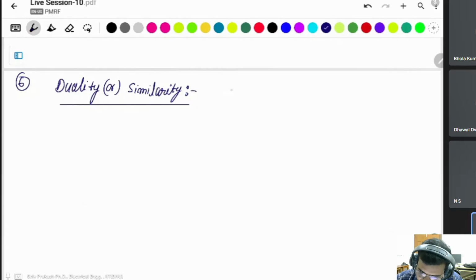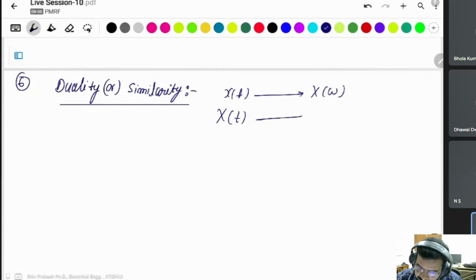This property says that if there is a time domain signal x(t) with some Fourier transform X(omega), and you replace omega by t, then the Fourier transform of that signal will be 2 pi x(minus omega).